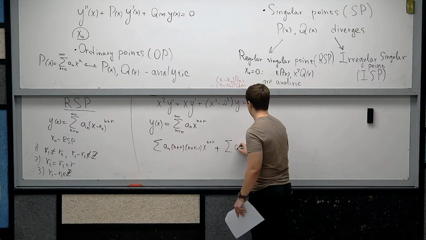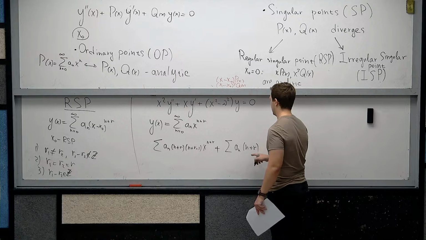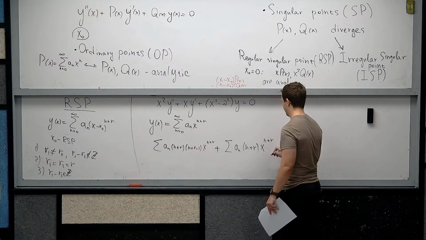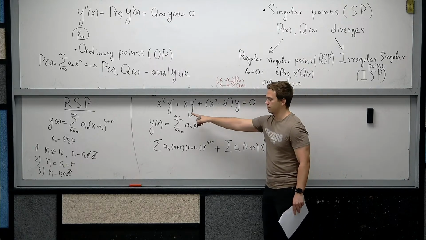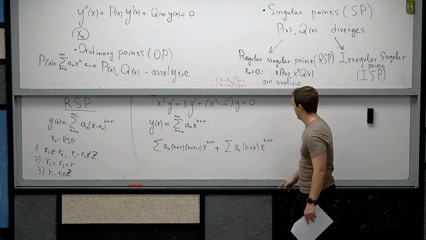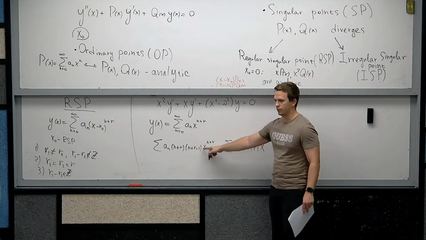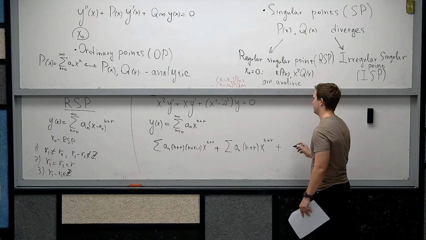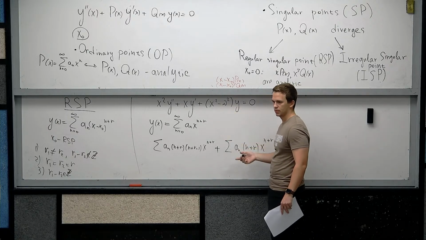Same logic for the next term: n plus r, a n, x to the n plus r. Again, it should be minus 1 here, but because of this x, we will get completely the same powers.